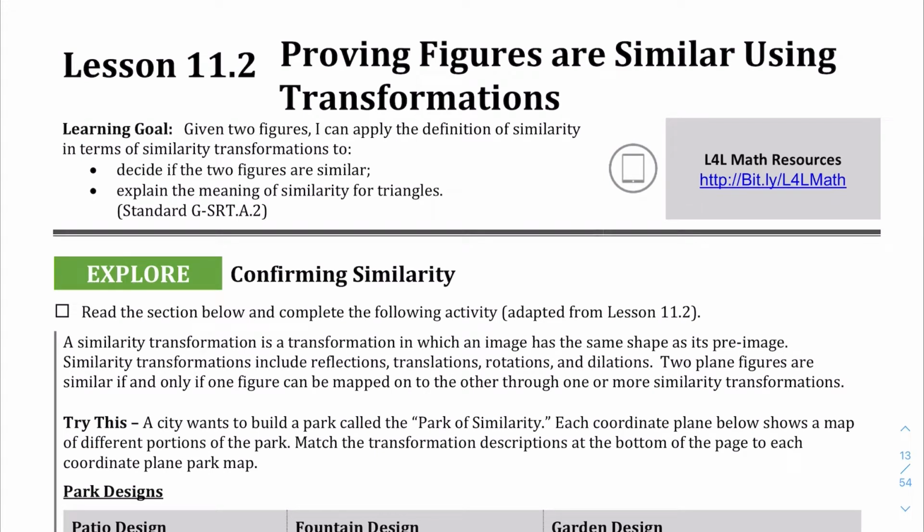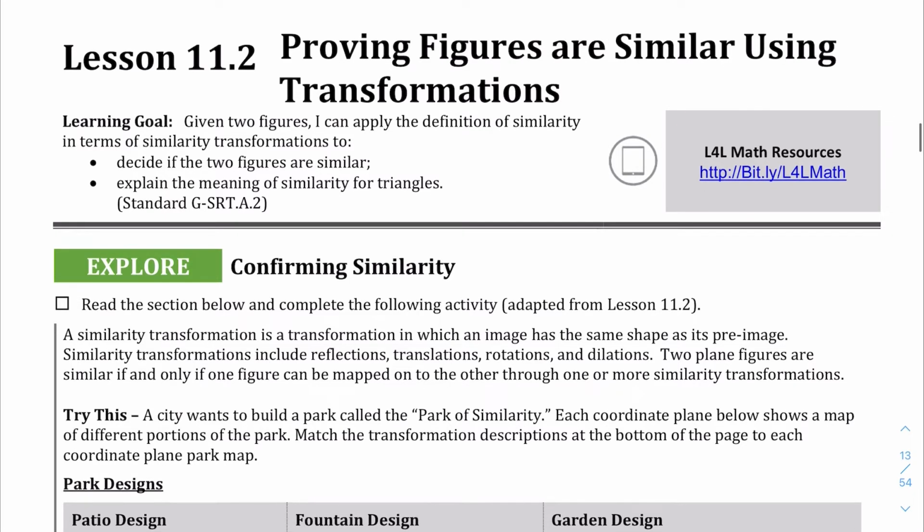Okay, so again, I will let you read that explore section on your own, but with similarity, basically, you're preserving a couple things, right? You're preserving the internal angles, they are the same. You're preserving the basic general shape, and there's a certain scale factor from one shape to the resulting shape.